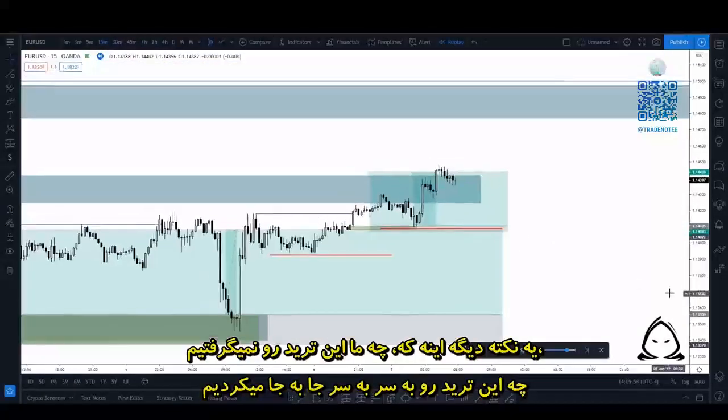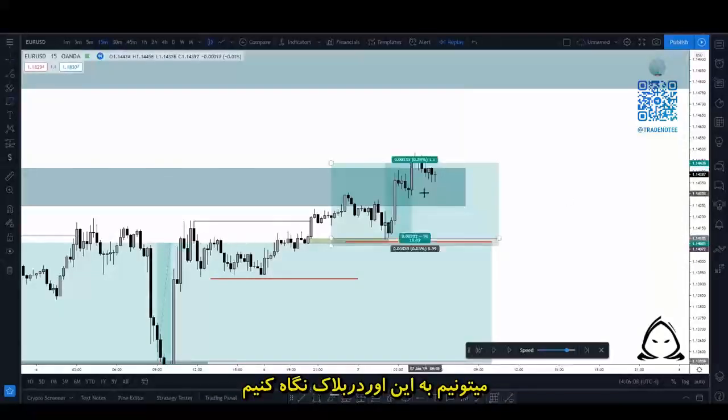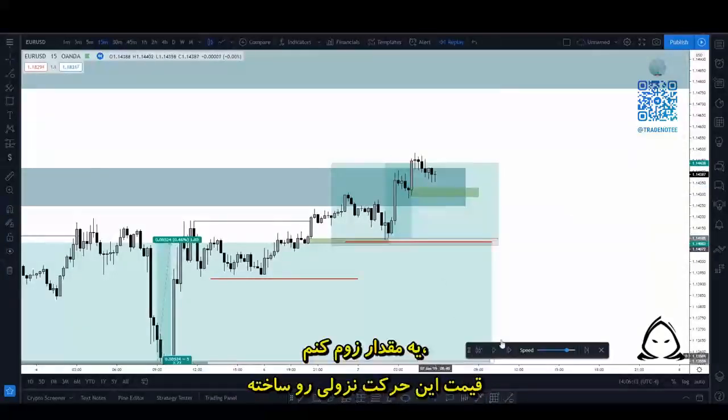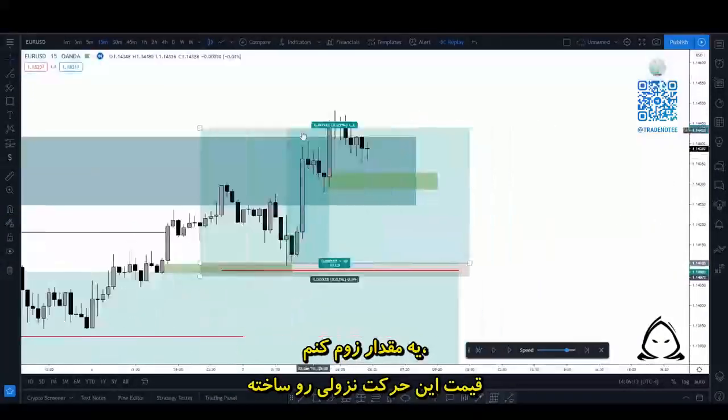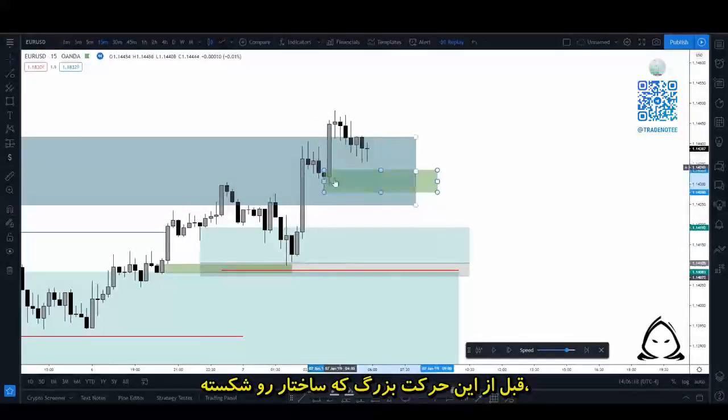One thing we can see too is, if we either didn't take this trade or moved this trade to break even, depending on how you want to manage the trade, we can also potentially look at this order block right here. If I zoom in a little more to make it cleaner, price created this down move before a large move that broke structure.